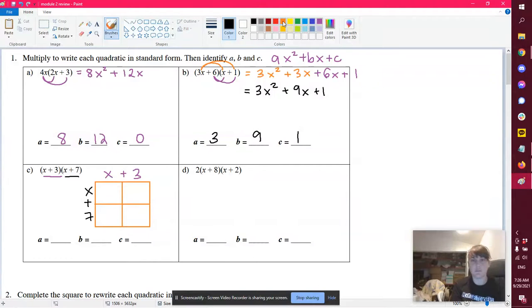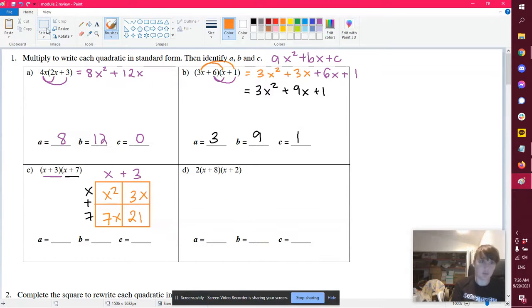This one's x plus 7. And now we say, what's x times x? It goes here. X times x is x squared. 3 times x goes here. 7 times x goes here. And 7 times 3 goes here.